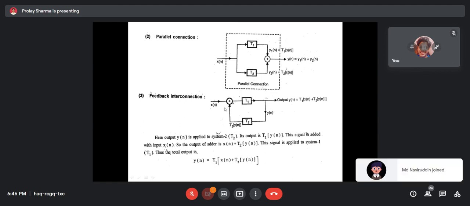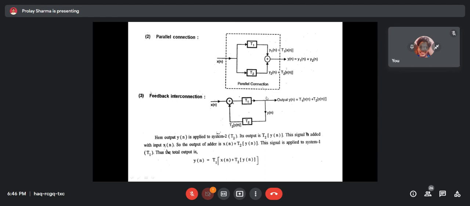Now, if x(n) is the signal, the output of this block will be the transform of x(n). Then some portion of the signal is being fed back, and the signal is being transformed by this system, and it will give T2[y(n)]. So y(n) is this.